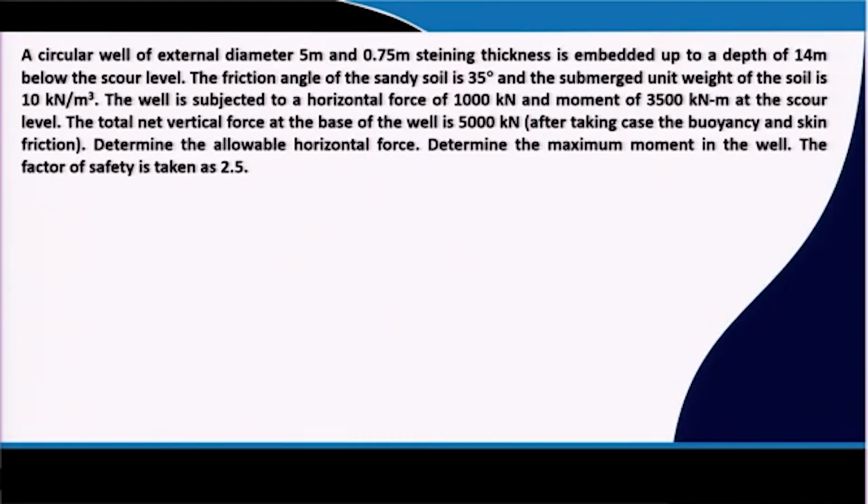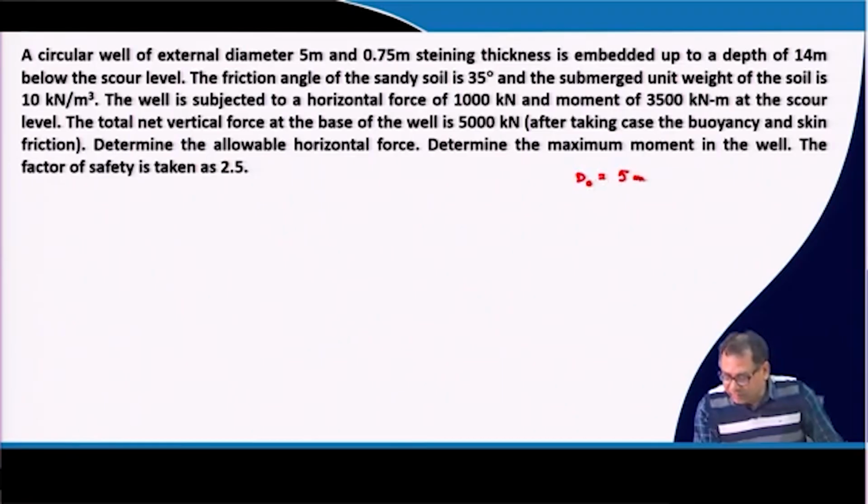In the example problem, a circular well is given with external diameter d0 of 5 meter, and the depth of embedment is 14 meter below the scour level. So, D is 14 meter.